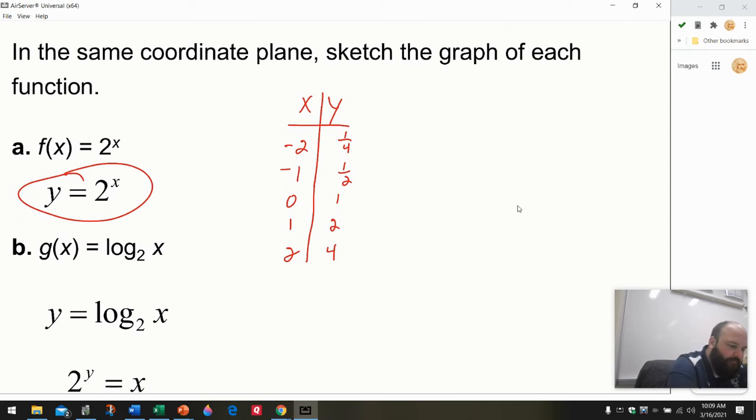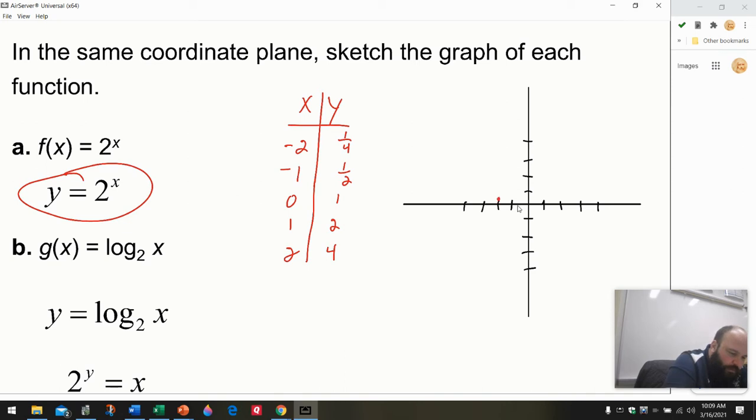Now if I were to graph that, draw my coordinate plane, and I draw some hash marks. I go to -2, 1/4, -1, 1/2, 0, 1, 1, 2, 2, 4. Here is the graph of that exponential.